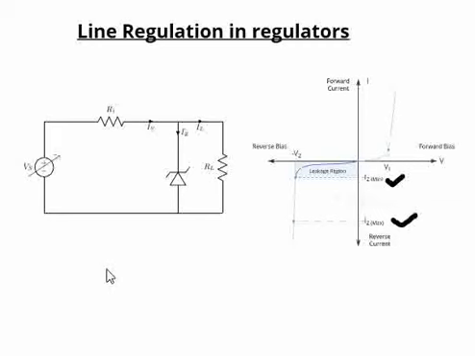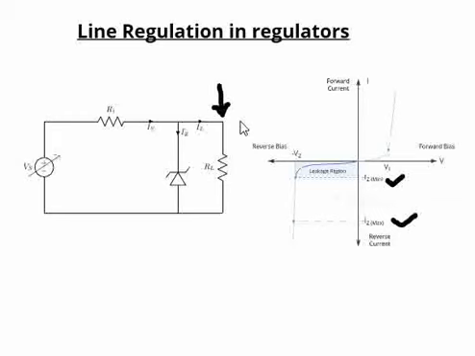Now, why do we need line regulation? Why do we need to consider it? Because when we change the input voltage, irrespective of the change in input voltage, we always need to see a regulated output to the load.